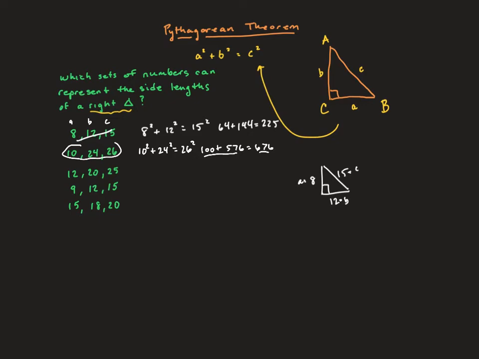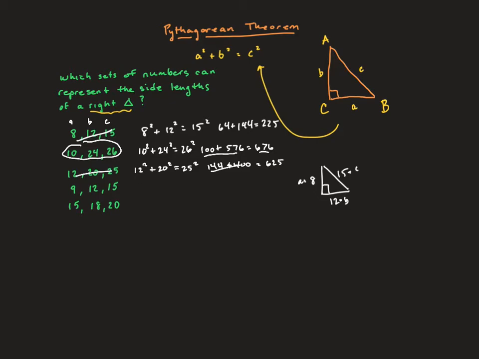So we could say that those sets of numbers represent a right triangle. And again, 12 squared plus 20 squared would be 144 plus 400, which is not equal to 625. That is not the case, so this is not going to be used for the Pythagorean theorem.